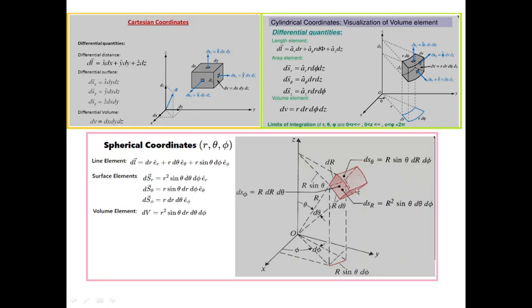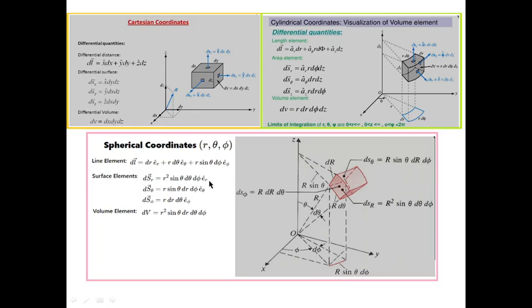This surface has direction towards the r direction. This length is r d theta, and this length is r sin theta d phi. So it will be r square sin theta d theta d phi. The other side will be minus r square sin theta d theta d phi along r hat.